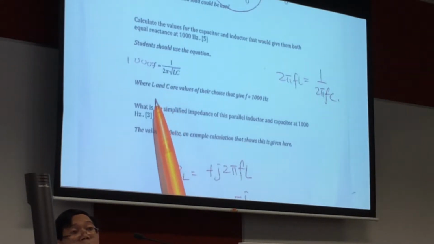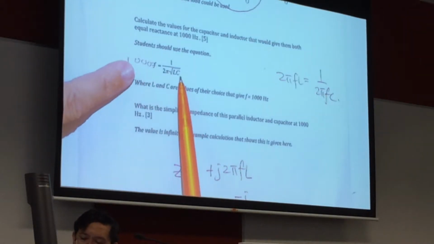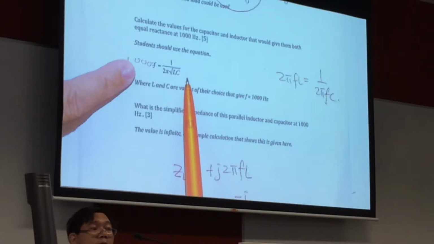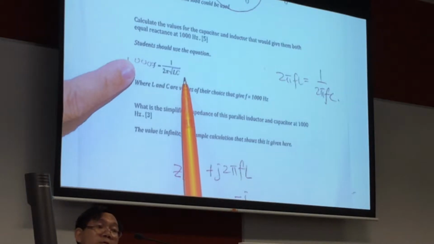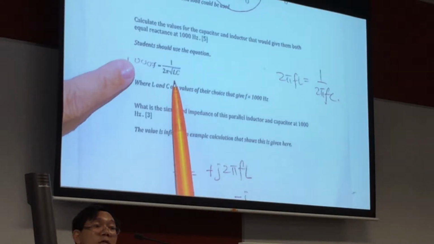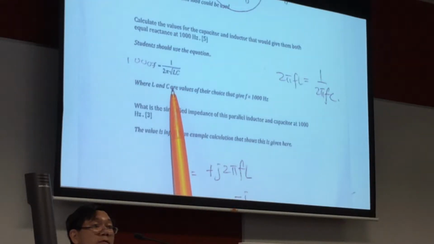What's the problem? If let's say this one is 1000, if C I set it to 0.1 microfarad, okay? If I set C equal to say 1 microfarad, the only unknown is L, right? So based on this formula, I can work out my L. Is that clear?